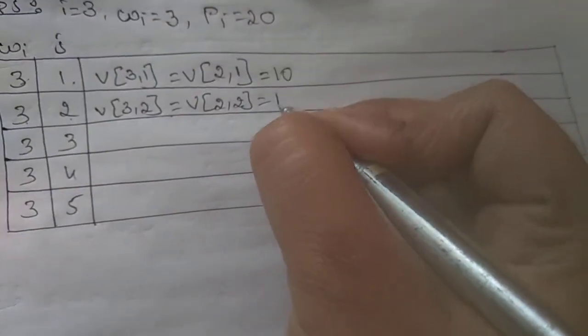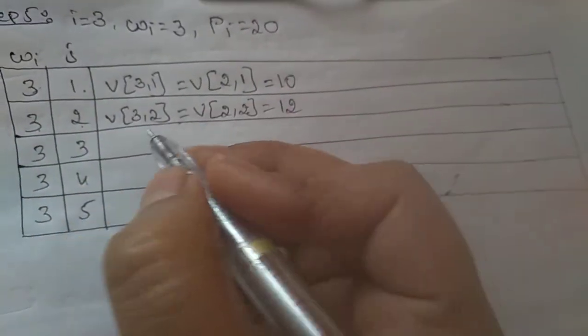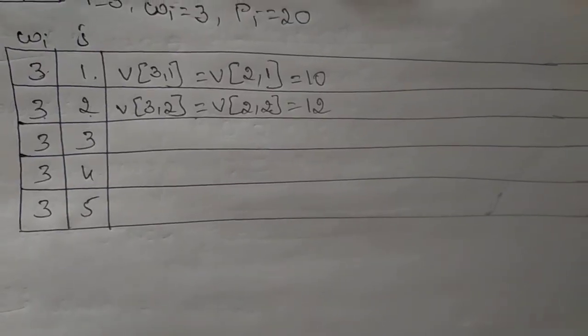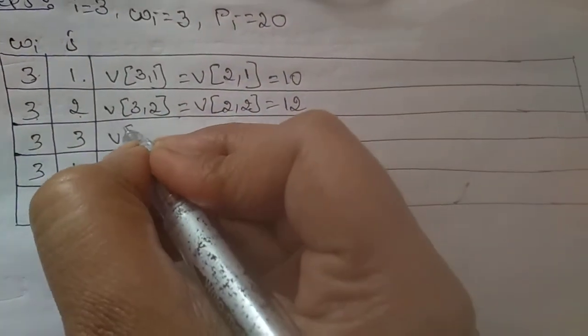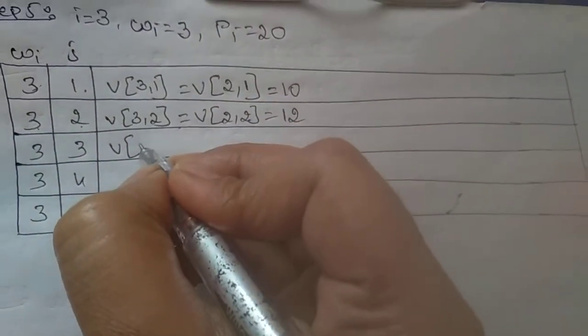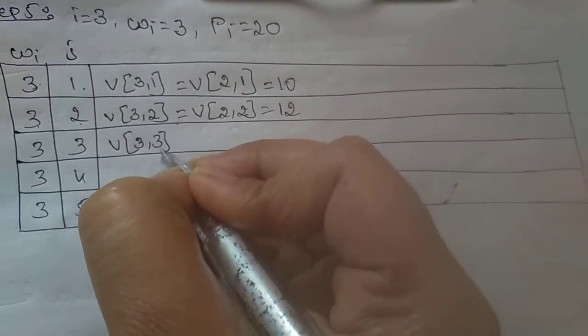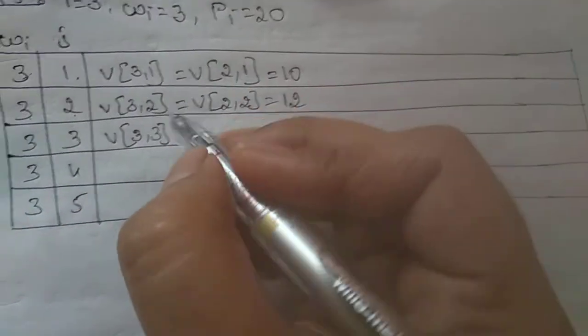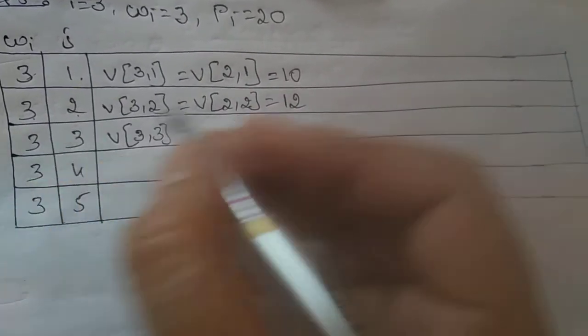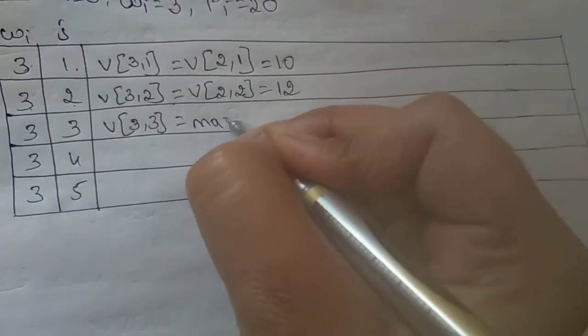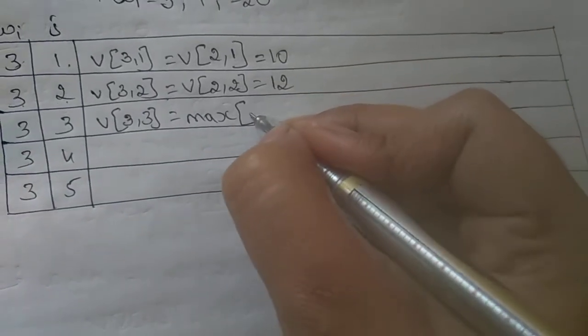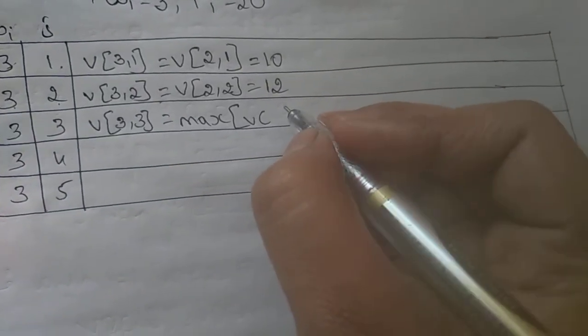V of 2 comma 2, it is 12. Next, v of i comma j, that is 3 comma 3. J value is 3. Now here wi is equal to j. You have to take the max. So v of i minus 1 comma j.